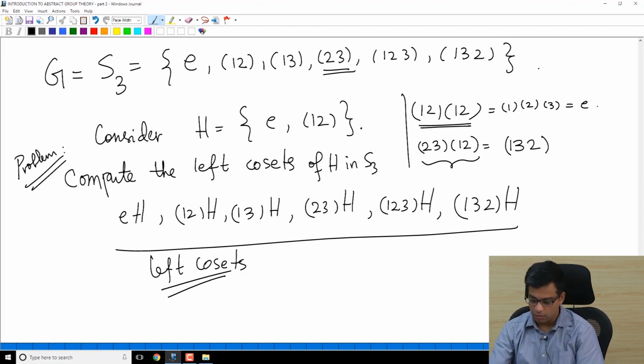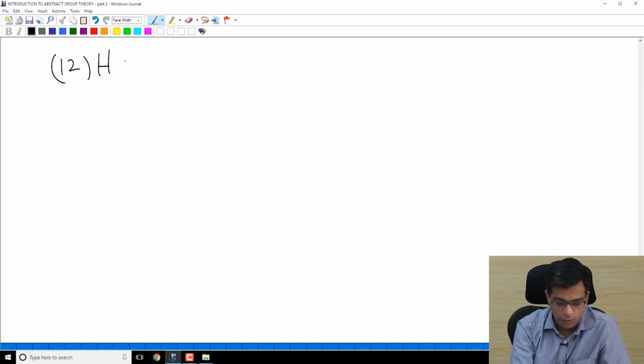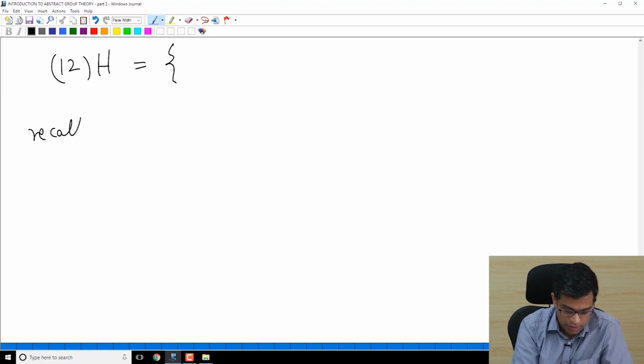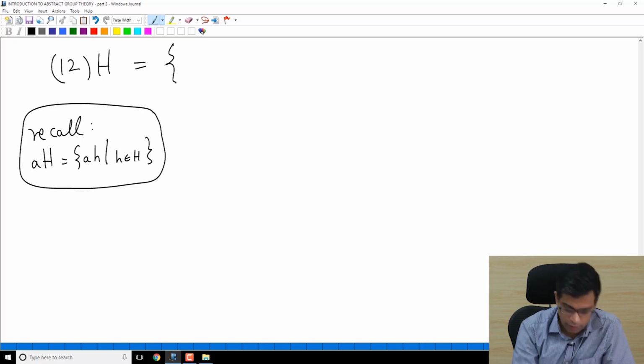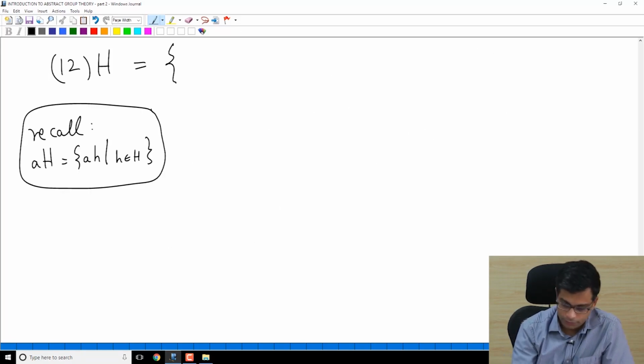So let's compute what is (1 2)H. Recall in general what is the left coset aH. In the general case, it is the set consisting of a times small h. In our example, H is E comma (1 2).